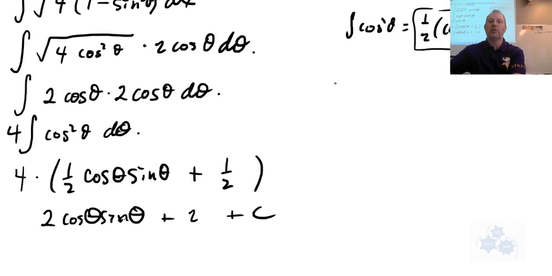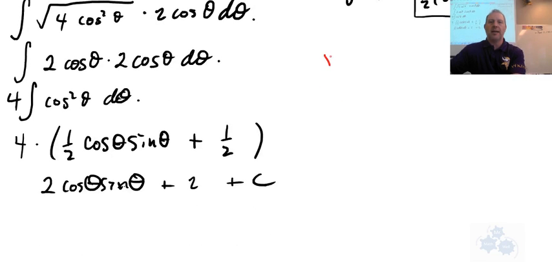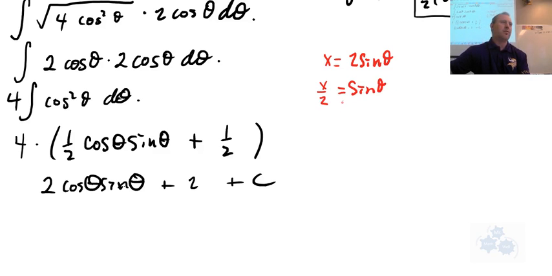So if x equals 2 sine theta, and I'm going to do this in a bit of a different color right up here, then I can solve for theta, and it will be in terms of x. So I'm going to have x over 2 equals sine theta. And how do you get theta by itself if you have it in a sine function? It's like inverse sine or arc sine. Remember arc sine? I like using arc sine. So theta is going to be arc sine of x over 2.